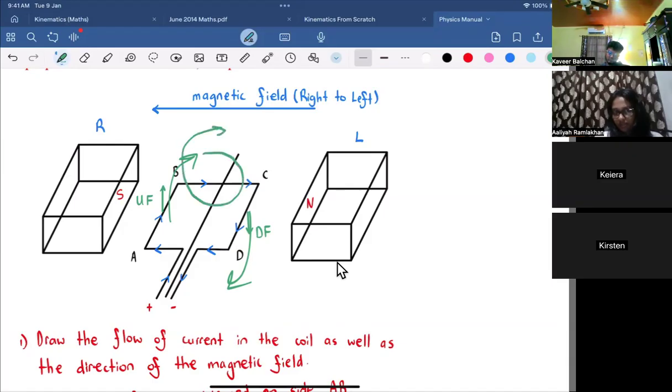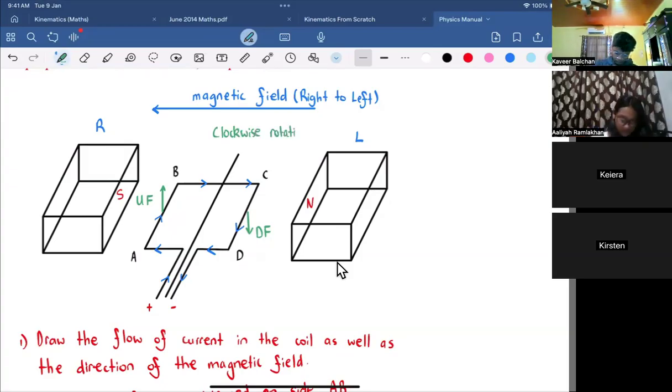Yeah, that's clockwise. So yeah, was that hard? Nope, that wasn't hard.